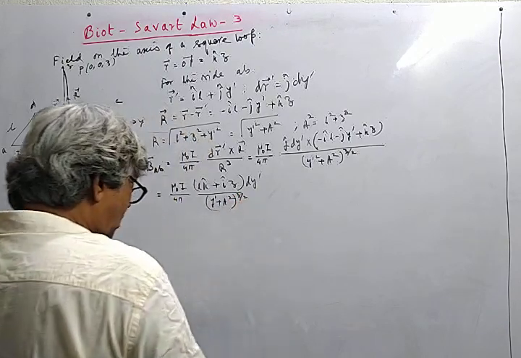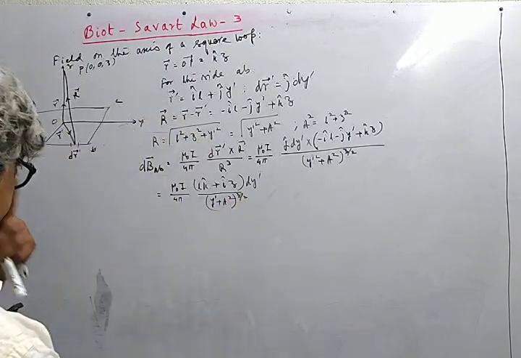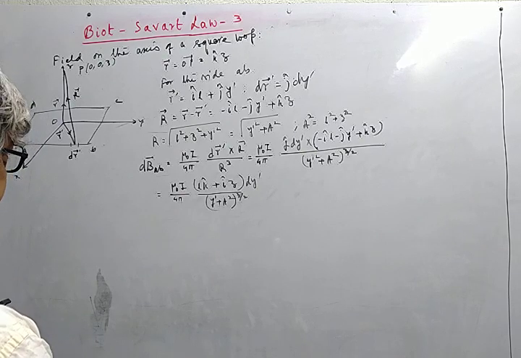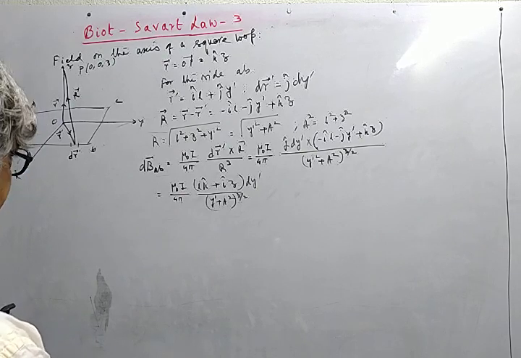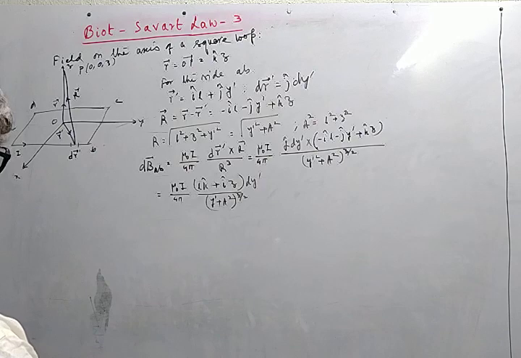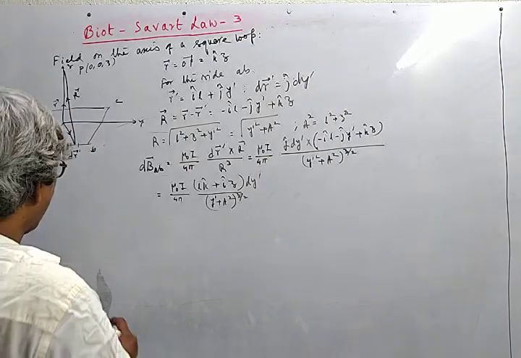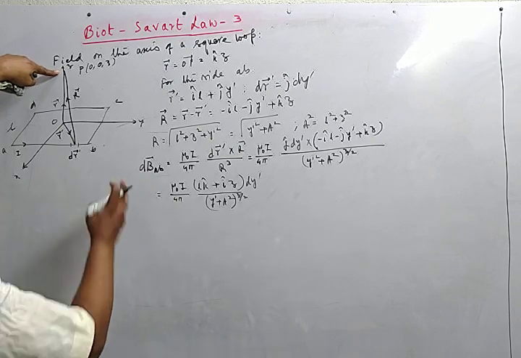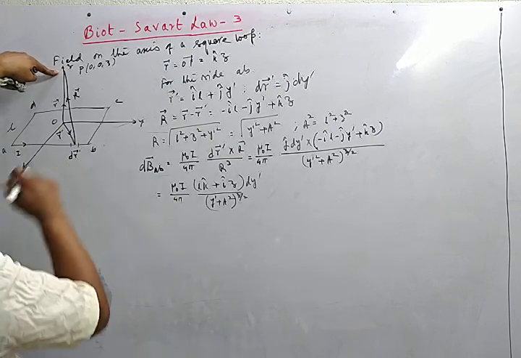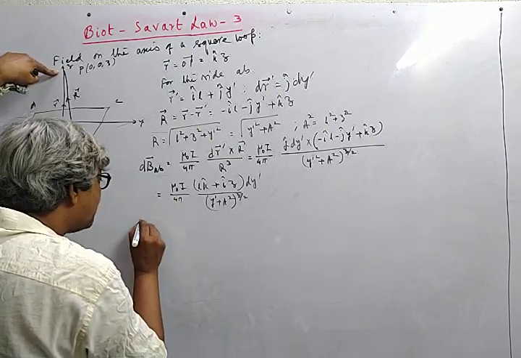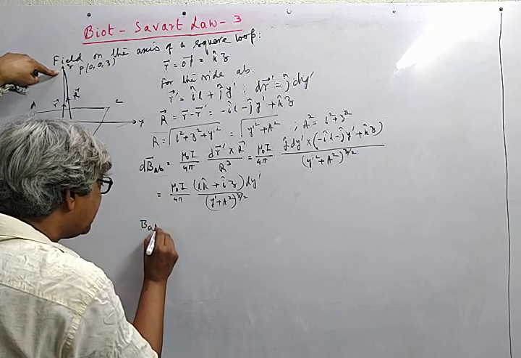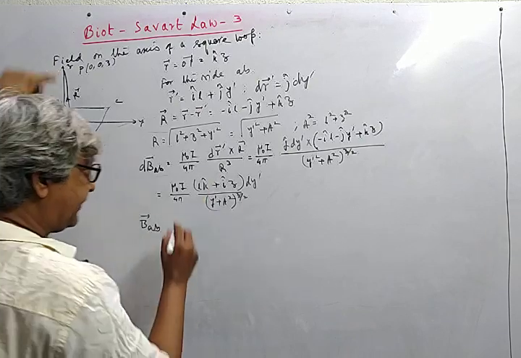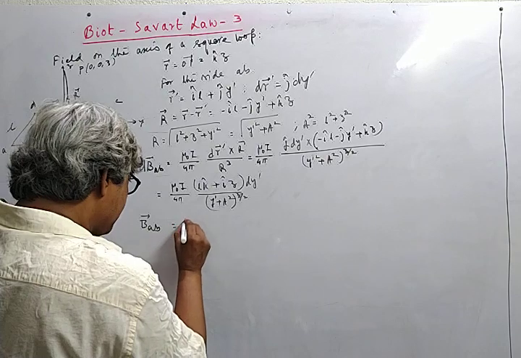You note that only the term in the denominator has y dependence, everything else is independent of y. So if we want to find out the total field at P due to the side AB, this would be B_AB, the integration of this.